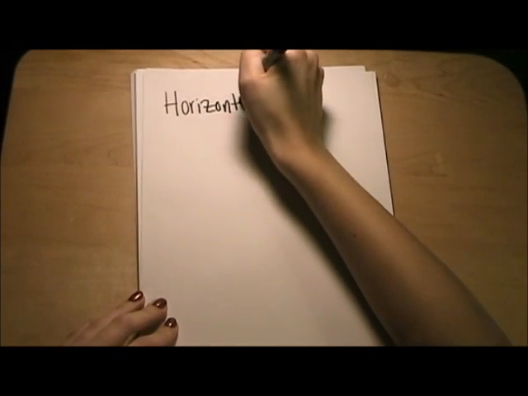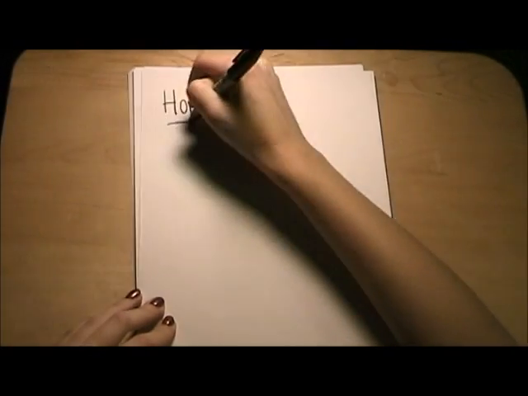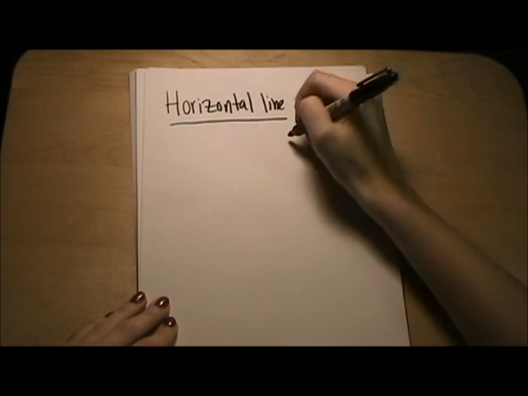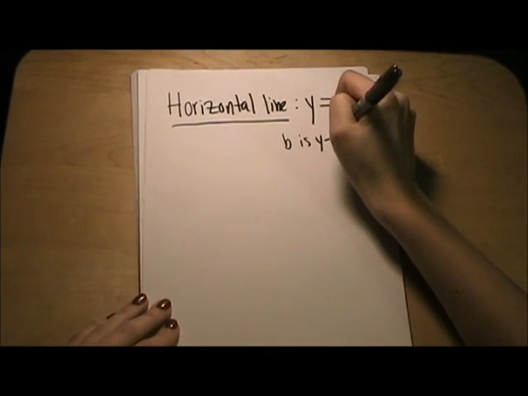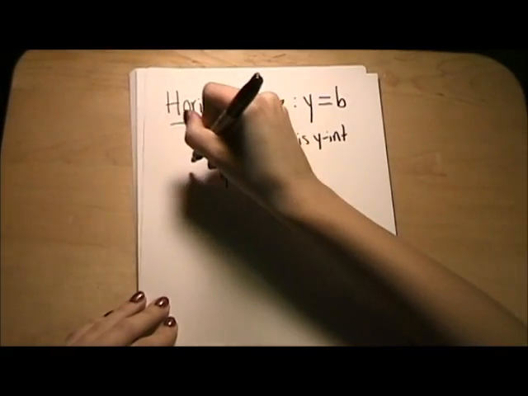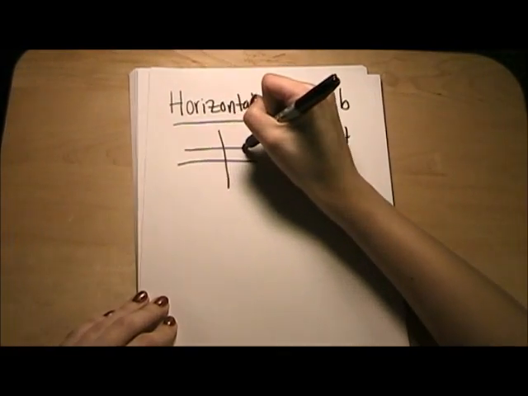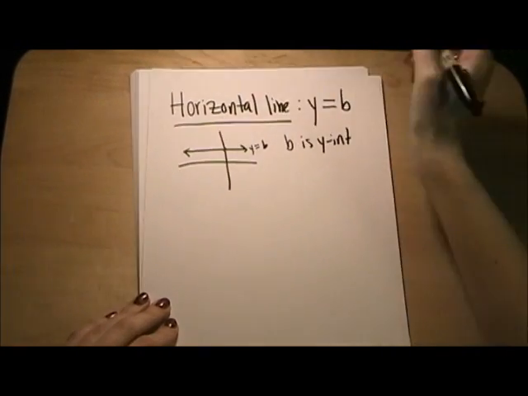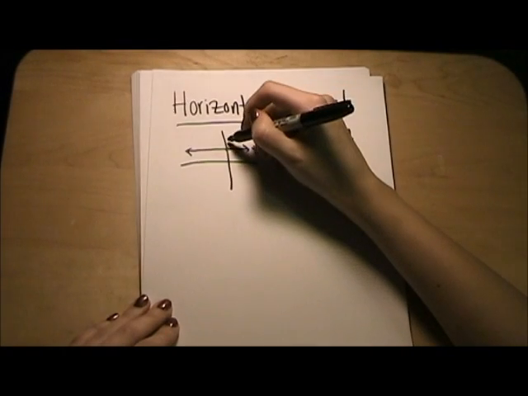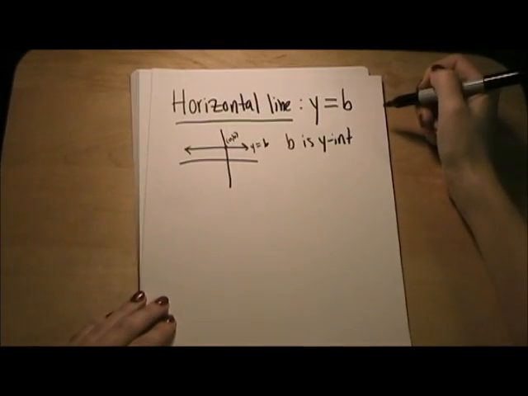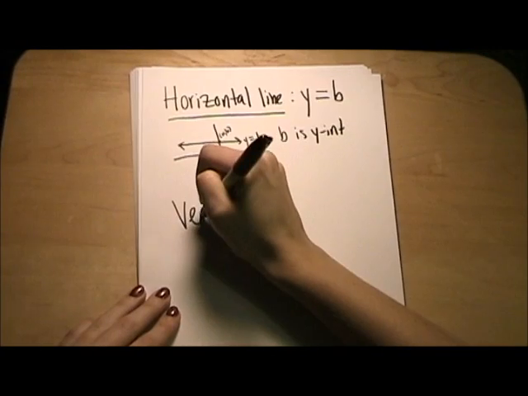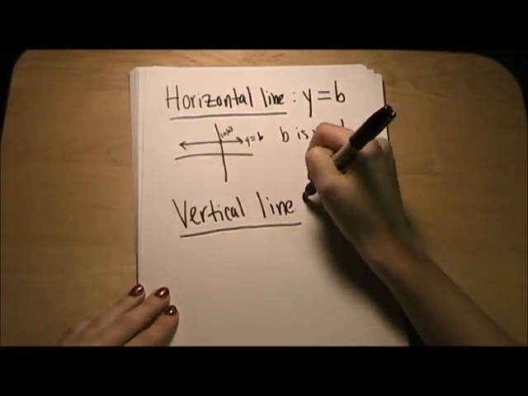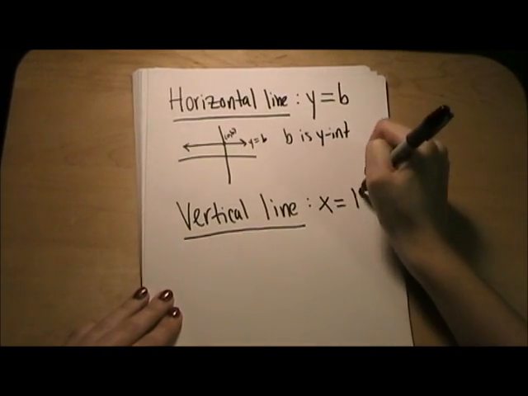Horizontal line, we've talked about this. A horizontal line, y equals b, where b is the y-intercept. We have this horizontal line, y equals b, passes the y-axis at 0 comma b. Vertical line, x equals k.